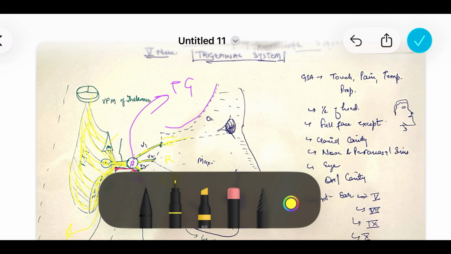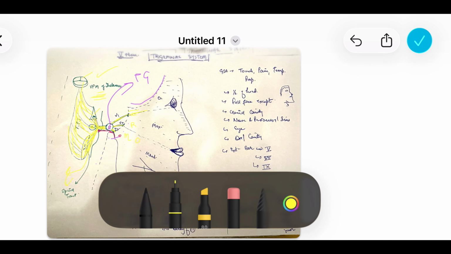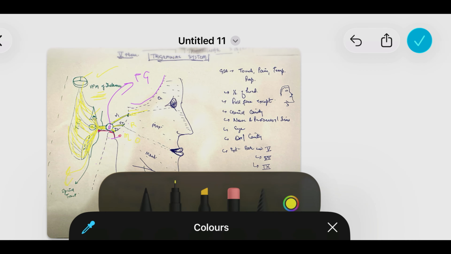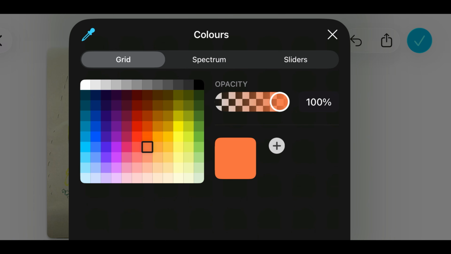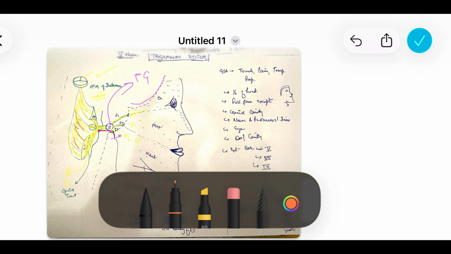These fibers ascend upward and enter the thalamus. Which part of the thalamus? The ventro-posteromedial nucleus of the thalamus here. And this tract is formed. This tract is called TTT, that is trigeminothalamic tract.